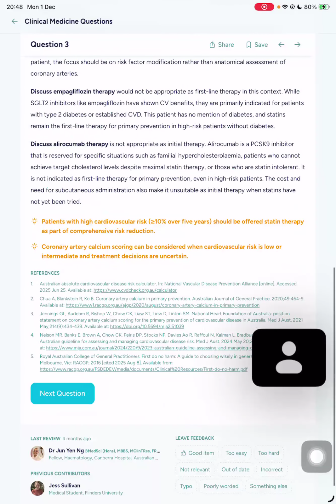Here, a patient with high cardiovascular risk, more than 10% over 5 years, should be offered statin therapy as part of comprehensive risk education.